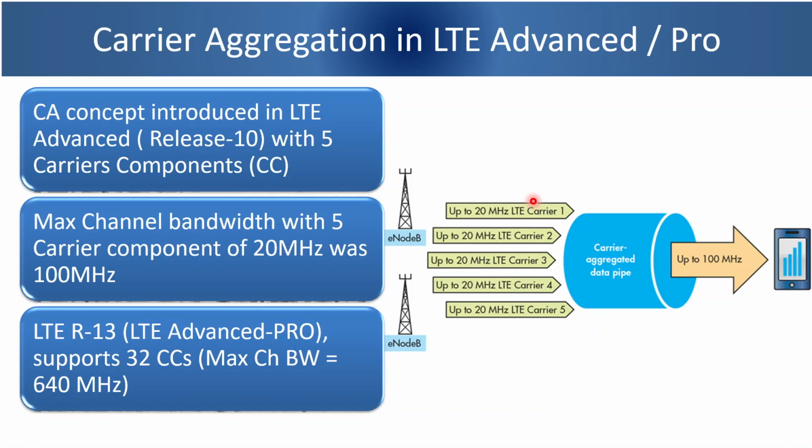Further, in release 13, which is known as LTE Advanced Pro, support of 32 component carriers was provisioned. So with 32 component carriers, from 5 to 32, that means 20 into 32, up to 640 MHz channel bandwidth could be achieved.